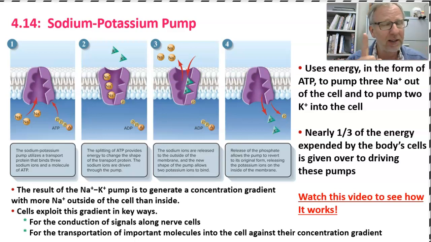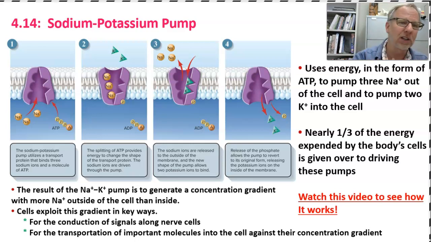First, and you'll really get into this in A and P, the conduction of signals along nerve cells is done with the sodium-potassium pump. So really important, nerve cell conduction. And a second reason I'm giving here is the transport of important molecules into cells against their concentration gradients. So those are 2 reasons.